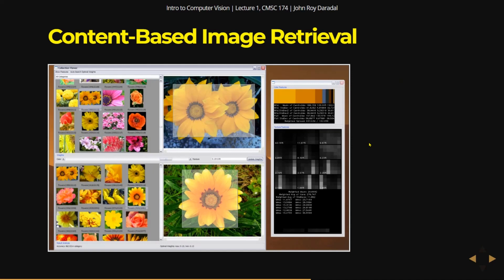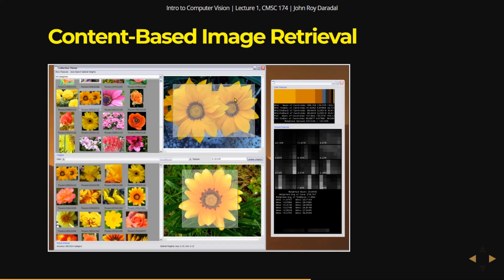Then you also have content-based image retrieval. So it's basically searching using images. So let's say you have a collection of images of flowers, and then you input this one, like give me the images that look like this. Usually we do search with words, right?